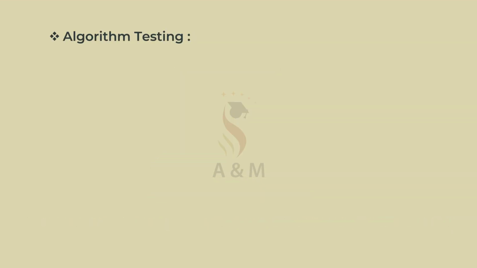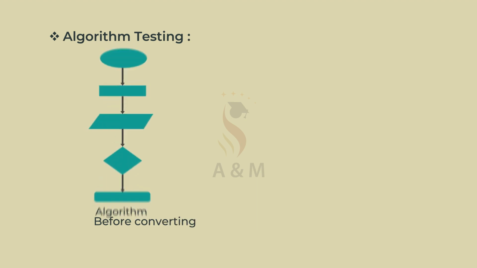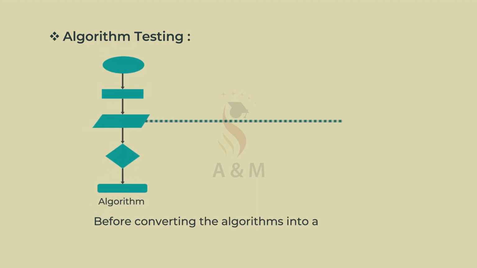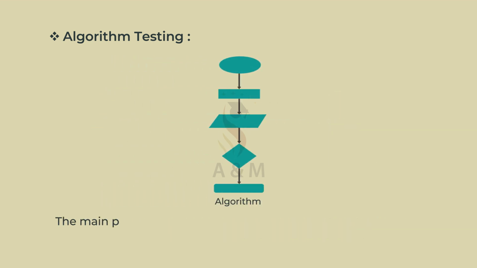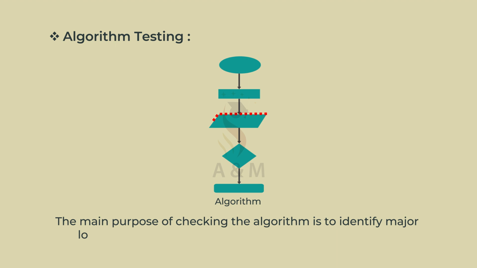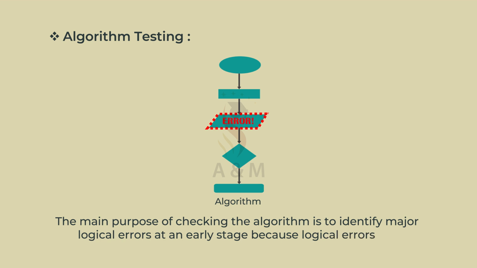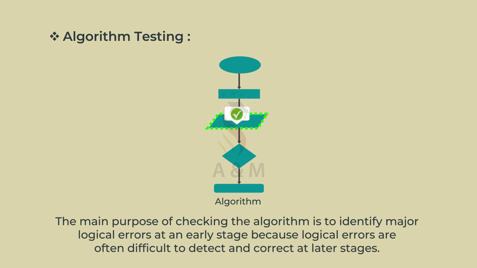Algorithm testing. Before converting the algorithms into actual code, it should be checked for accuracy. The main purpose of checking the algorithm is to identify major logical errors at an early stage because logical errors are often difficult to detect and correct at later stages.